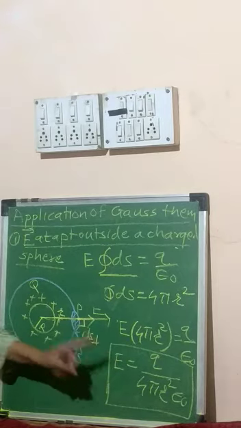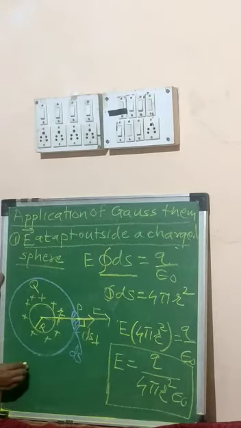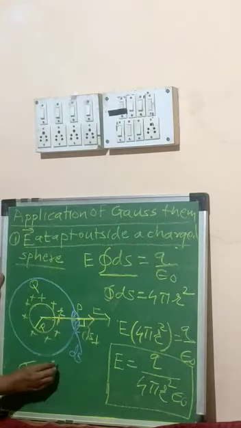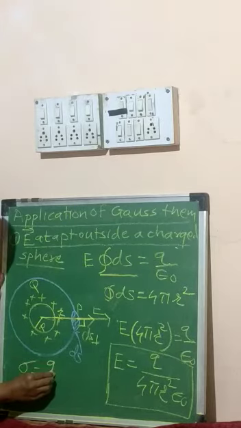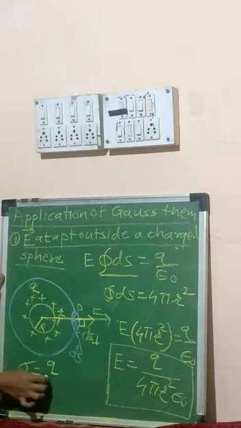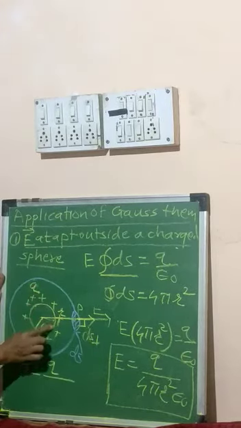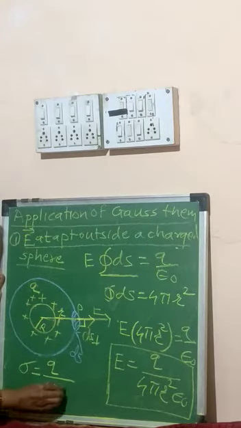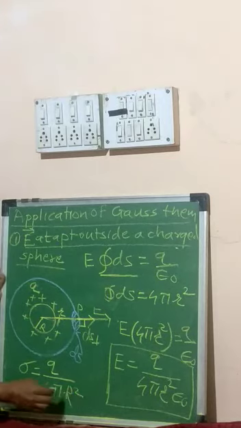Now this formula will get modified from the definition of surface charge density. Surface charge density is denoted by letter sigma, which is equal to charge deposited. Suppose I have said that this charge deposited is nothing but small q over the surface area, inner surface area of the sphere, which is equal to nothing but 4 pi capital R square.